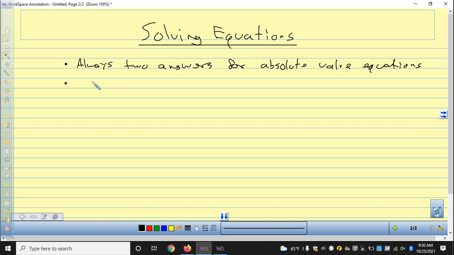Just like solving other equations, we want to get the absolute value by itself. So we add things to both sides, subtract things from both sides, multiply, whatever, to get the absolute value by itself on one side of the equation.